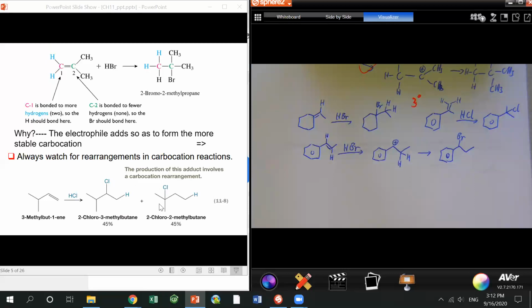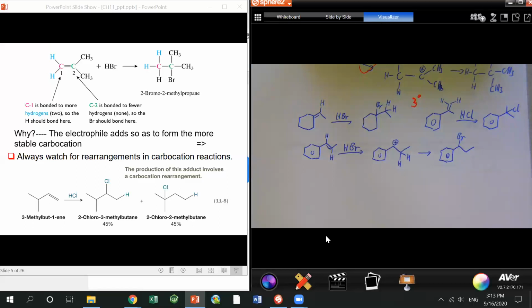The reason is a 1,2-hydride shift. There is one hydrogen on this tertiary carbon that shifts to this carbon, and then you generate the more stable tertiary carbocation, and chloride goes here.